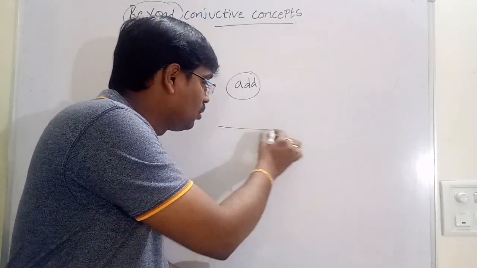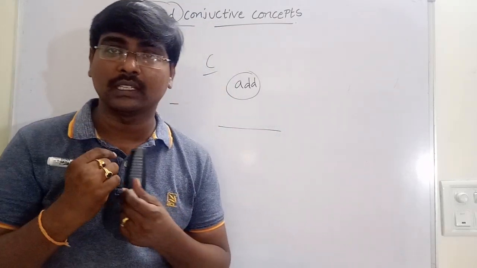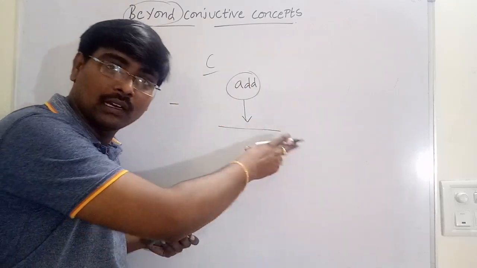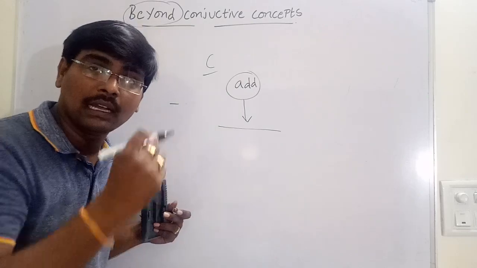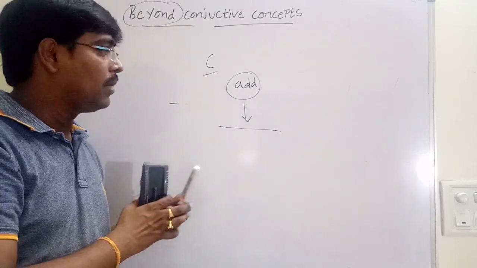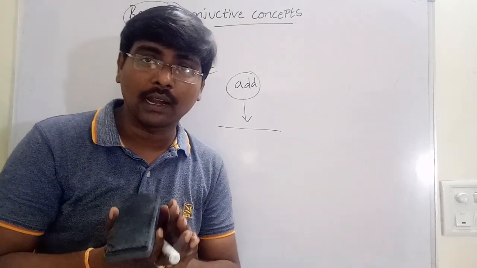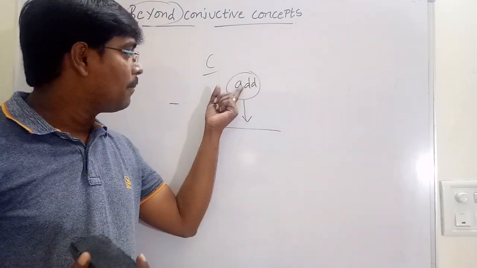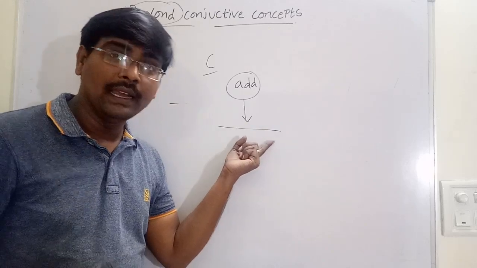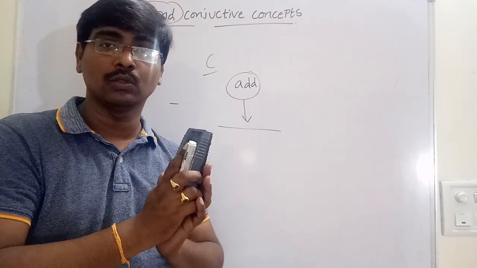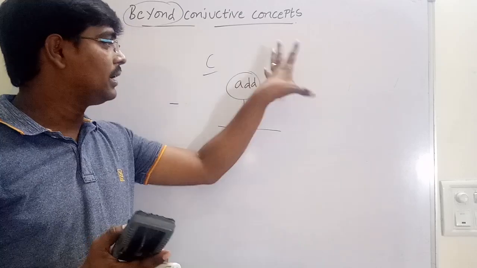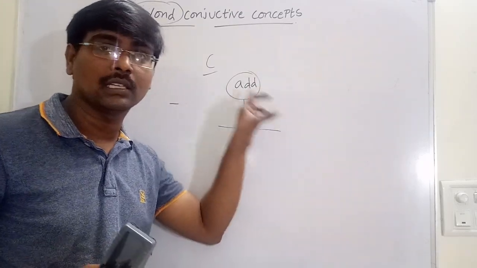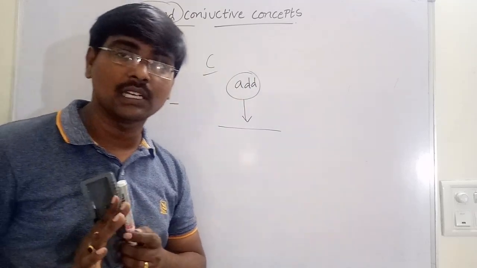Suppose a conjunctive concept covers a negative example; by adding a literal to the concept, it uncovers the negative. That means by dropping literals, it covers the uncovered positive examples. By adding literals, it uncovers the covered negatives. Finally, what is our goal? It covers all the positives and none of the negatives. This is the concept we have already discussed in the previous topic, the conjunctive concept.